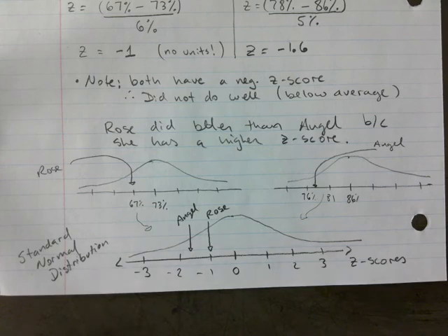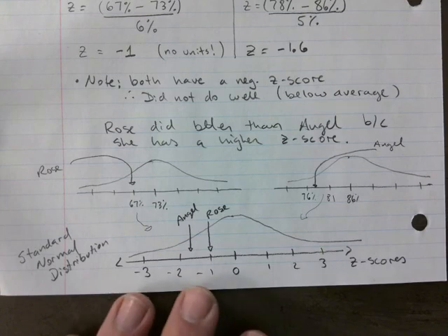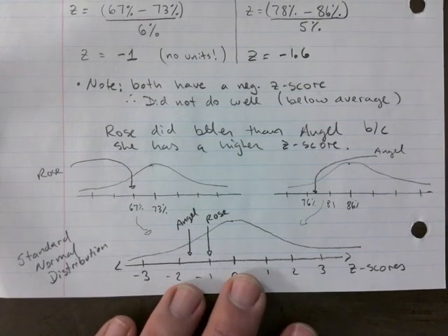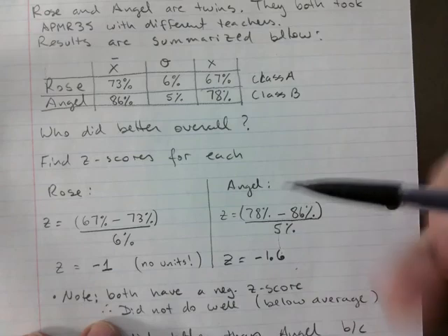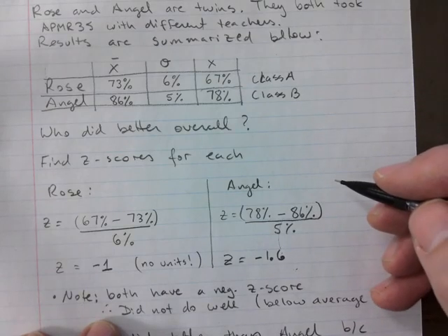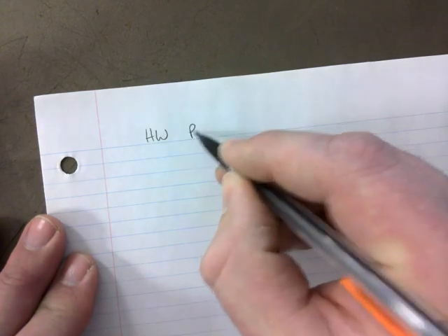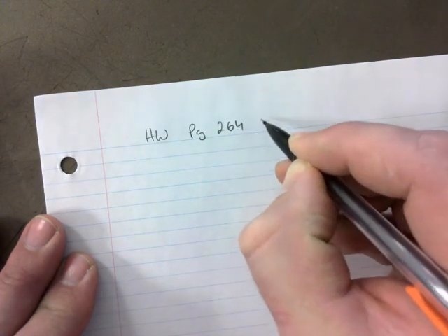Here's what I want you to work on, because I realized that 264 will now probably make more sense than before. That was my bad. I should have known that. Before you leave, I'll post the homework, but page 264, 1 to 11 again.